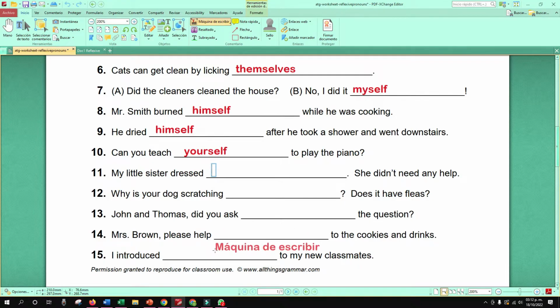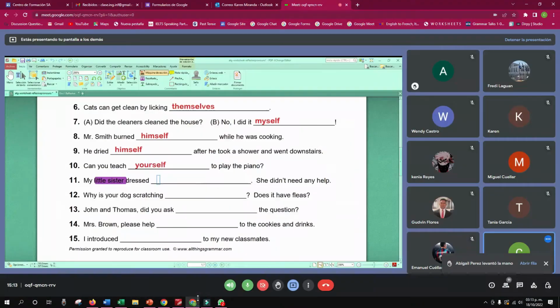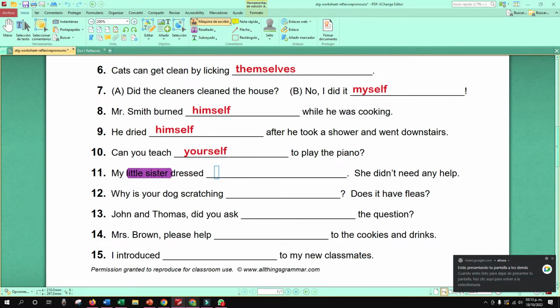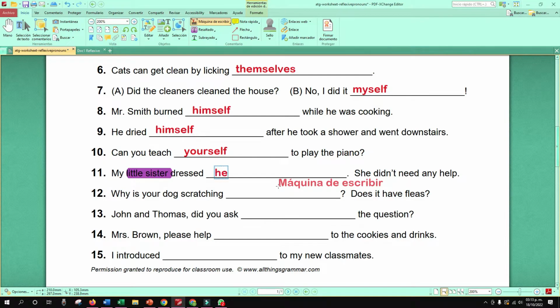My little sister dressed. She didn't need any help. You are talking about little sister, right? She. So, we're going to use here what? Tell me, Abby. Just open your microphone, right, and talk. Herself. Herself. That will be much better, right?